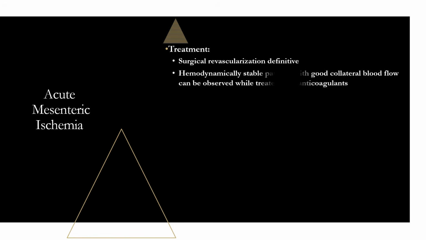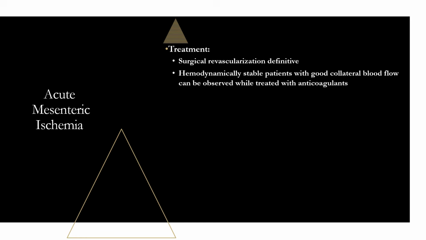Now, as far as treatment, it's just like in chronic mesenteric ischemia, surgical revascularization is going to be definitive, same way as before we talked about. And if the patient is hemodynamically stable, sometimes they can have a good collateral blood flow, and these patients can actually be treated with anticoagulants, and you don't always need to do a stent or some replacement.